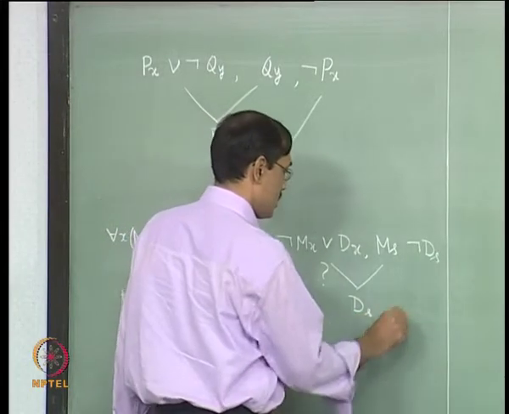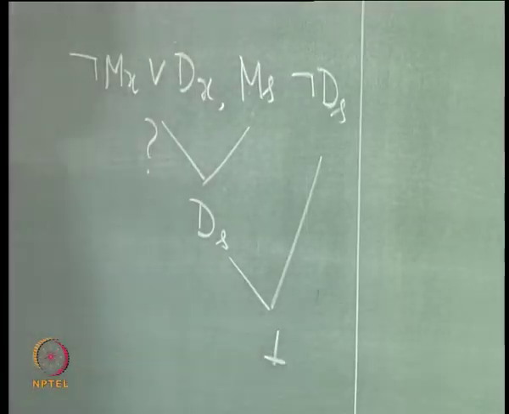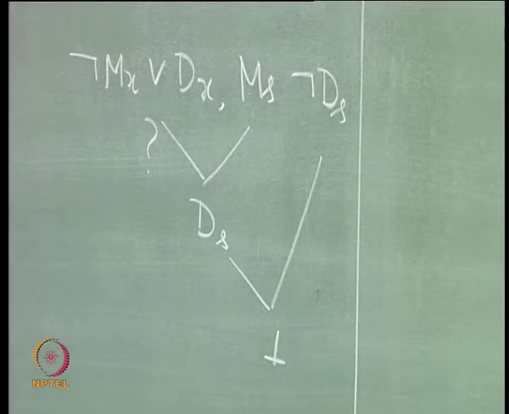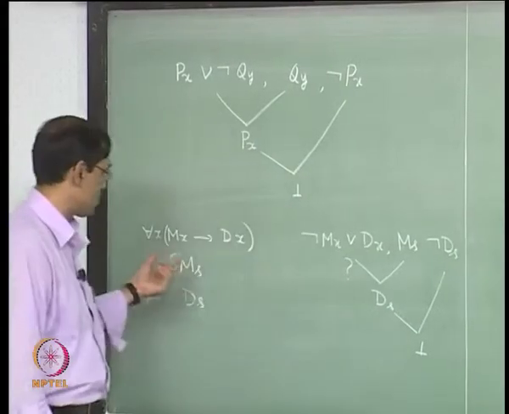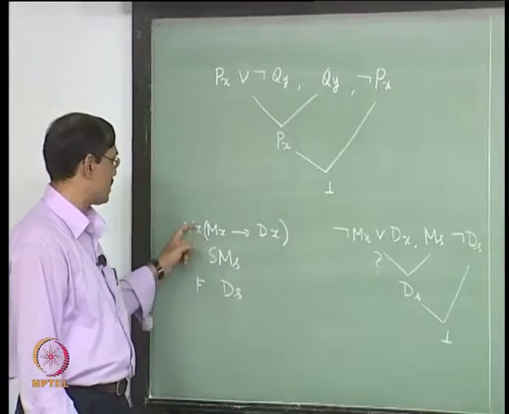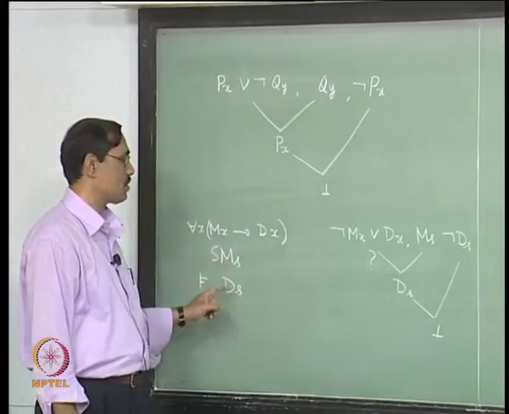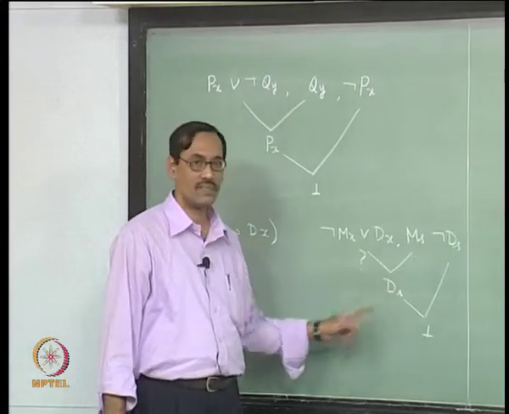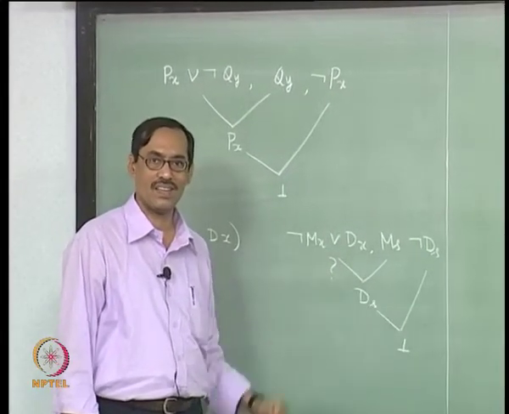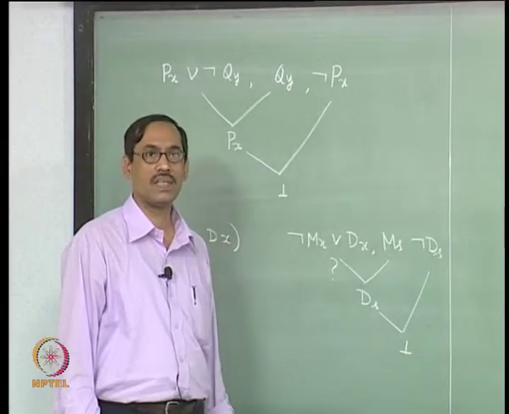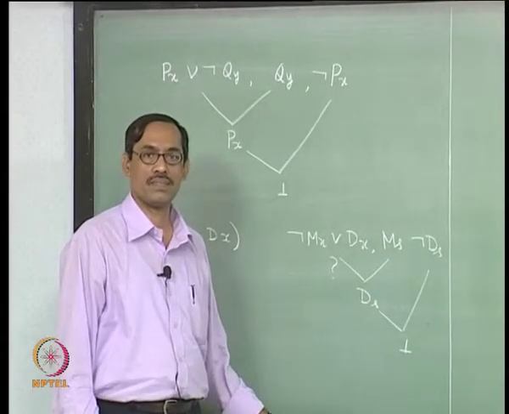Then from these two steps you would get a refutation. Okay. But what does this step mean? It really corresponds to the argument here. For each x, mx implies dx, ms therefore ds. That is what is being inferred here. That should be correct, but we do not know how to tackle that in the resolution process if you just follow the PL formalism, fine.